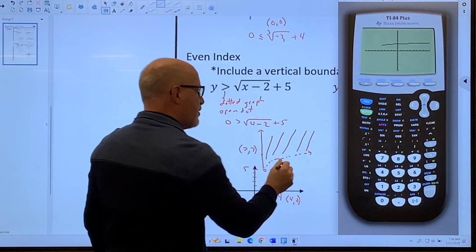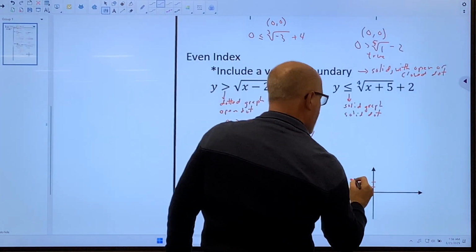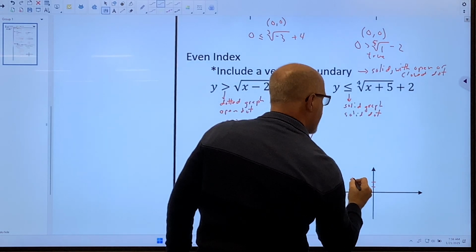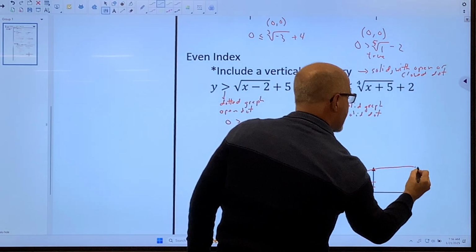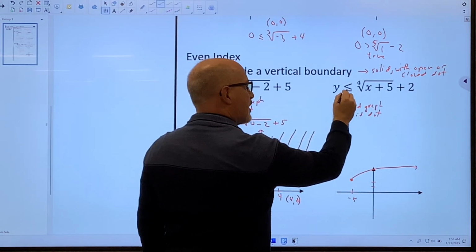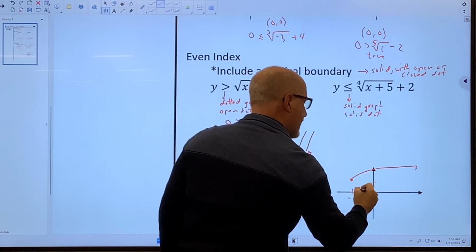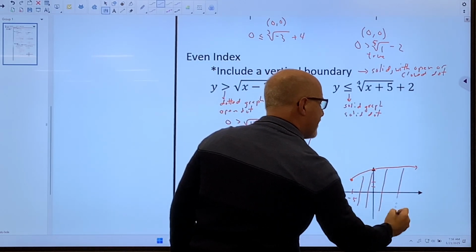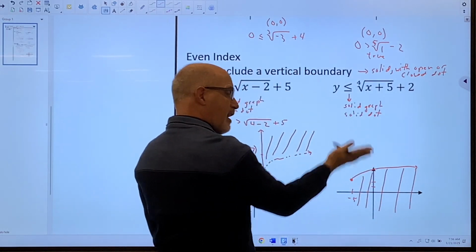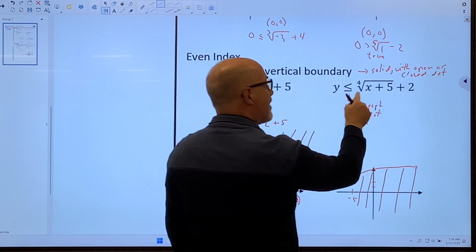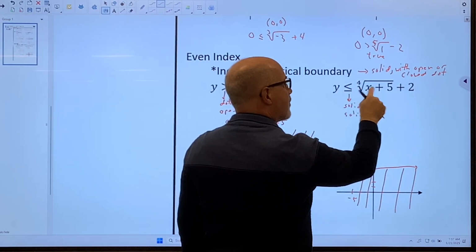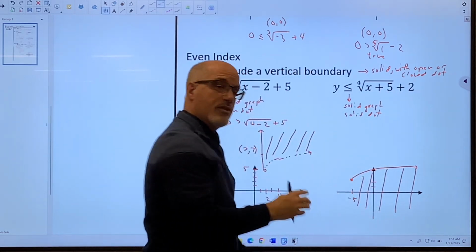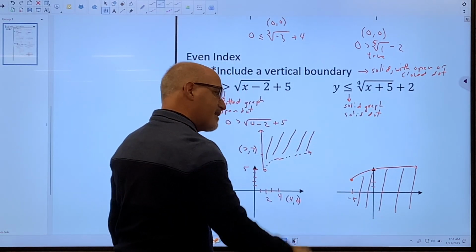And then if I do that graph here, and I go over to this end here with a solid graph, this tells me it's going to be below. If you test a point in this area, 0, 0 would be an okay one to test because it's not on the graph. Is 0 less than or equal to the fourth root of 5 plus 2? And the answer is yes. So you shade on that side.